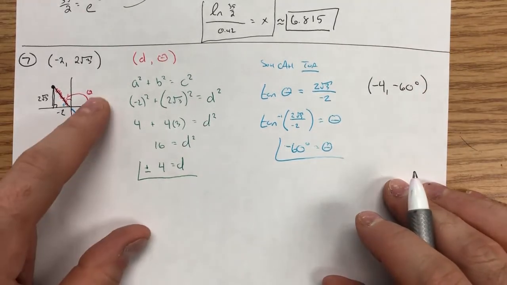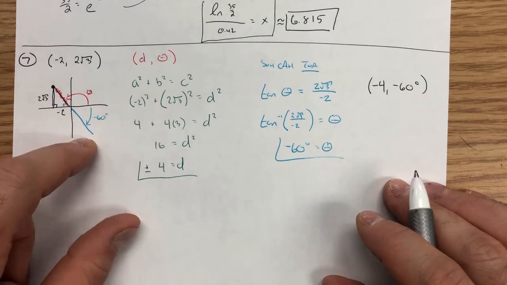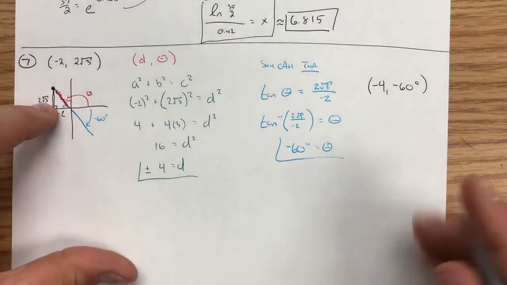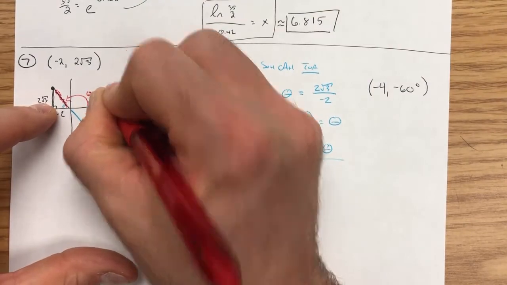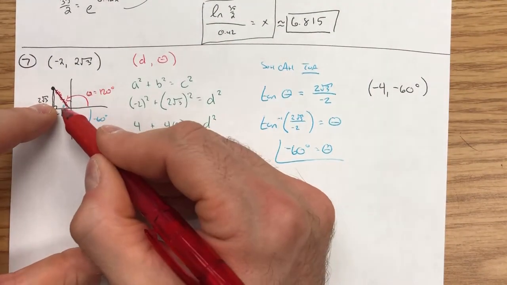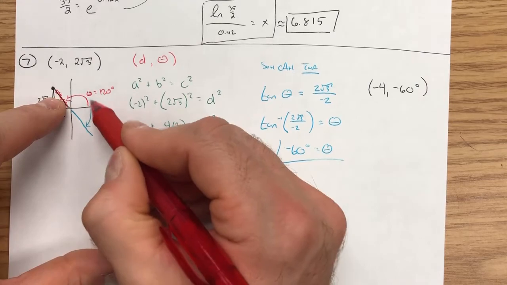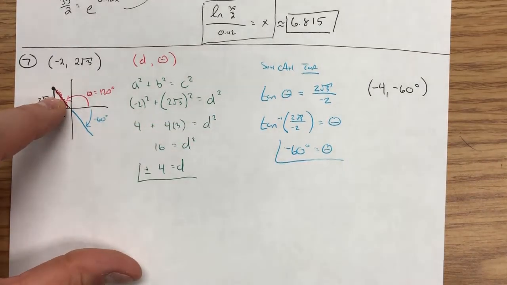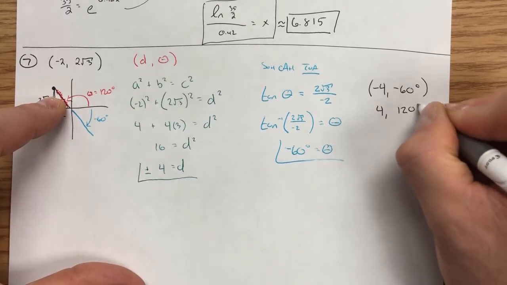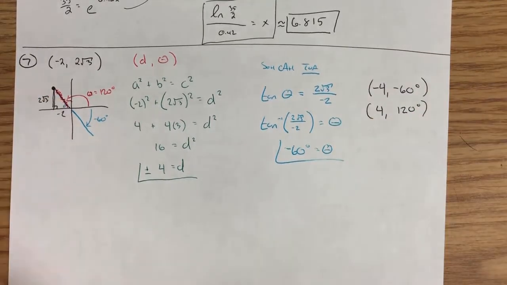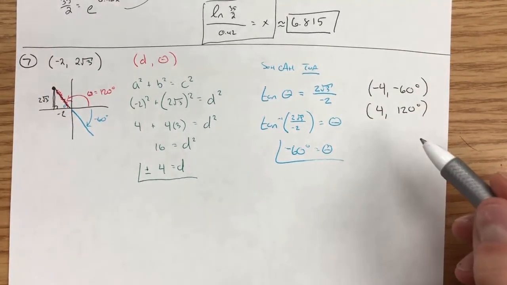The other option is if this is 60 degrees, well then that's also 60 degrees, which means my original red theta is going to be 120. Because if I have 60 over here, I have 120 left of my straight line. So option 2 is I have a distance of 4 and a positive value of 120. But that's only 2 out of 3.